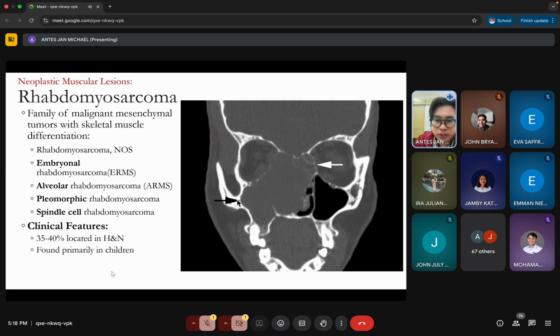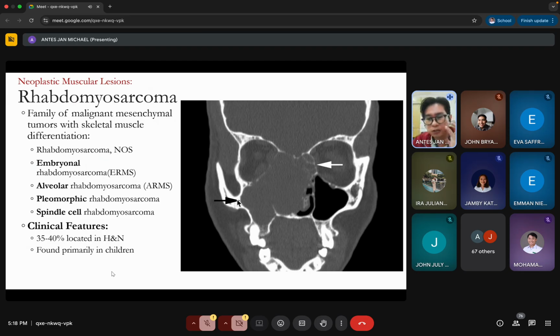It's found primarily in children, yes. If you can just go to SPMC, there are lots of rhabdomyosarcoma cases for kids actually. And the most common location of their growth is in the head and neck.